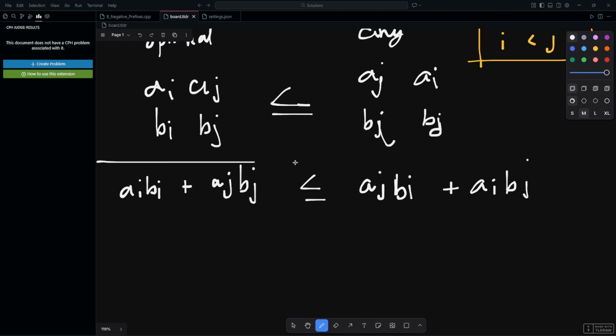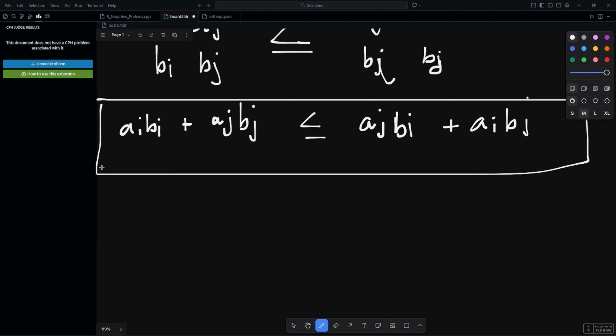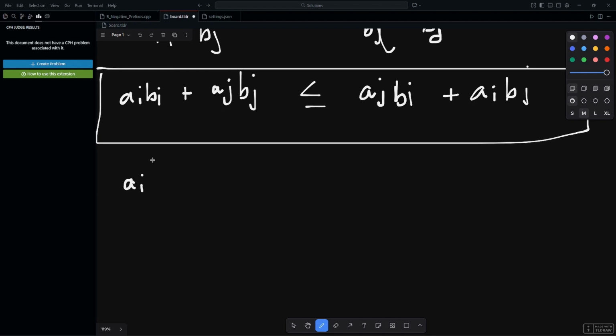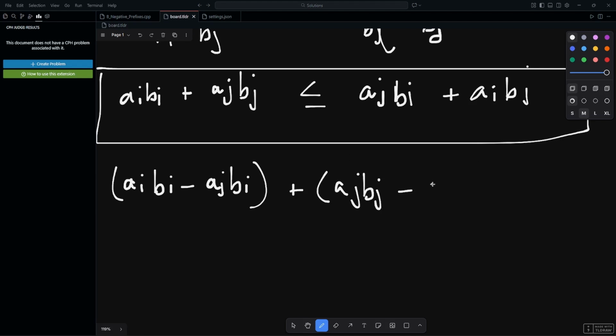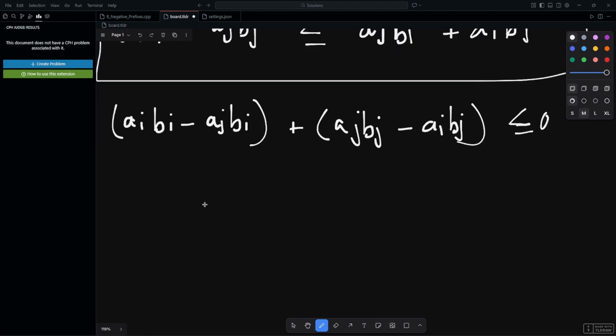So if I try to solve this particular equation, AIBI minus AJBI, I'll take this separately, and the BJ terms, plus AJBJ minus AIBJ. This is what I'll get. I'll get this as less than or equal to 0, isn't it?